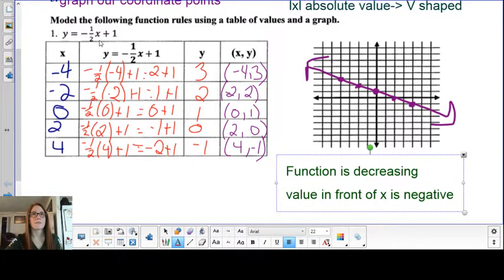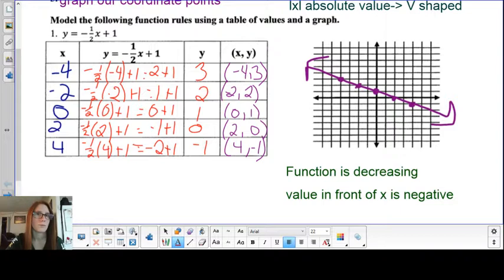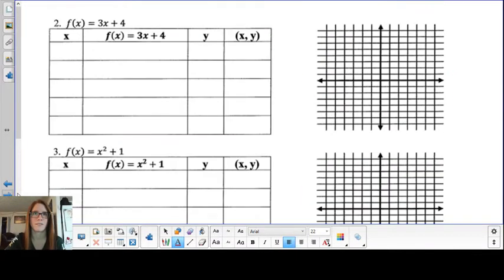Since this linear function has a negative in front of it, it is considered to be decreasing. We're going to want to keep that in mind for what's coming up next. Not this lesson per se, but the next lesson, tomorrow's lesson. 2 days, I don't exactly know the order.